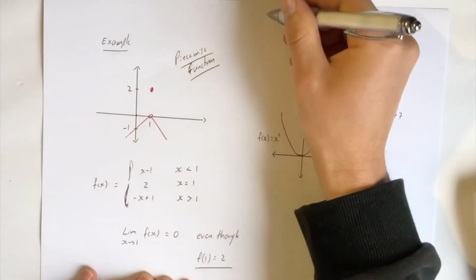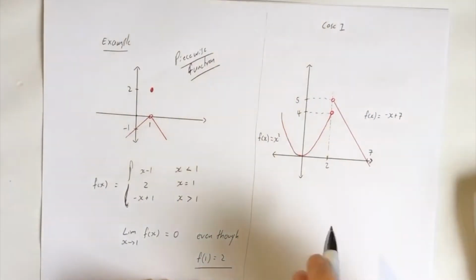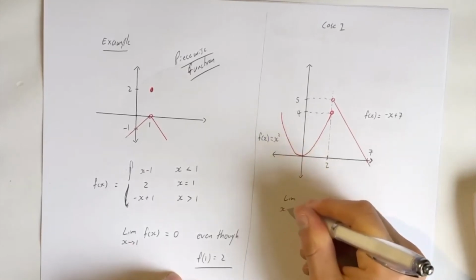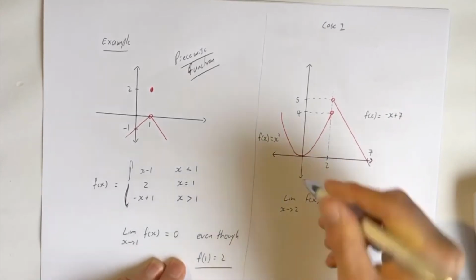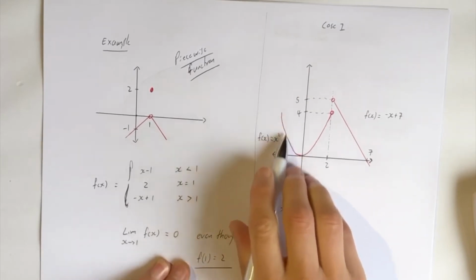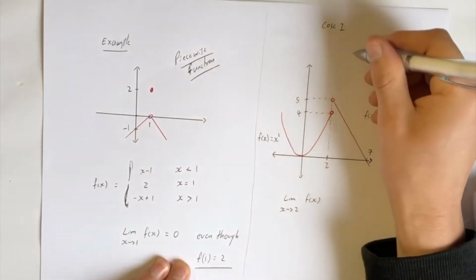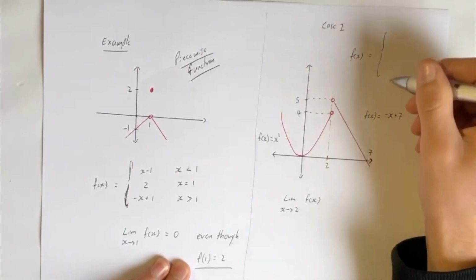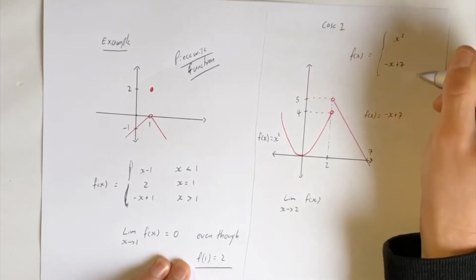Okay, here's another example, which we're going to call case 1. What is the limit as x goes to 2 of this function, which is made of a parabola, x squared, and some line, negative x plus 7? If we were to define this function, one piece is x squared and the other is negative x plus 7.